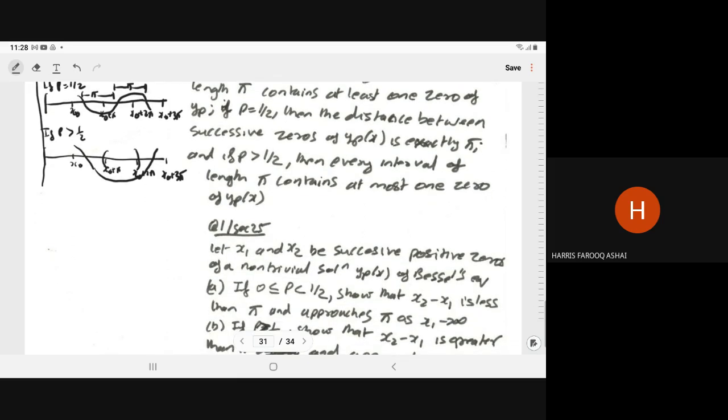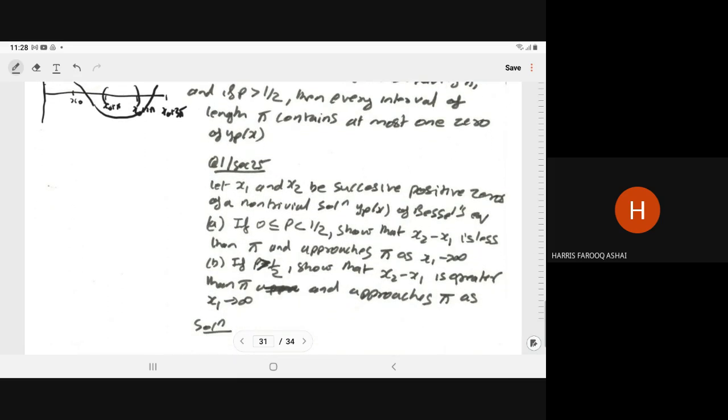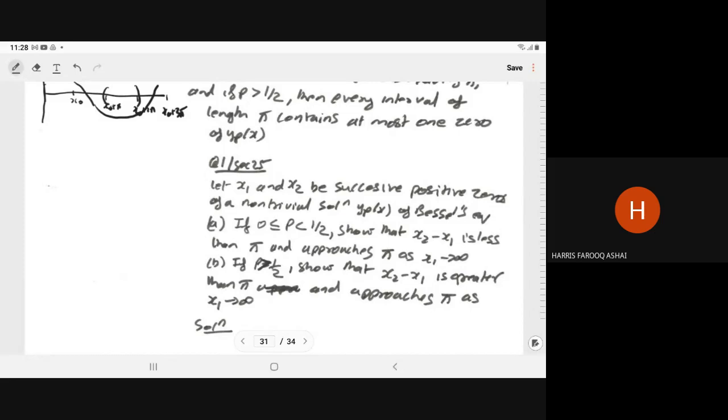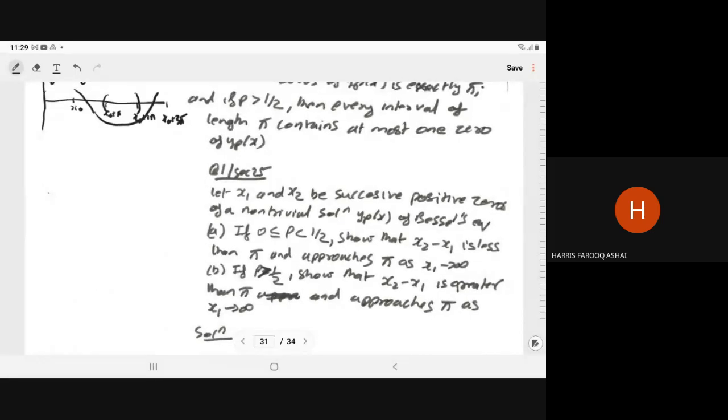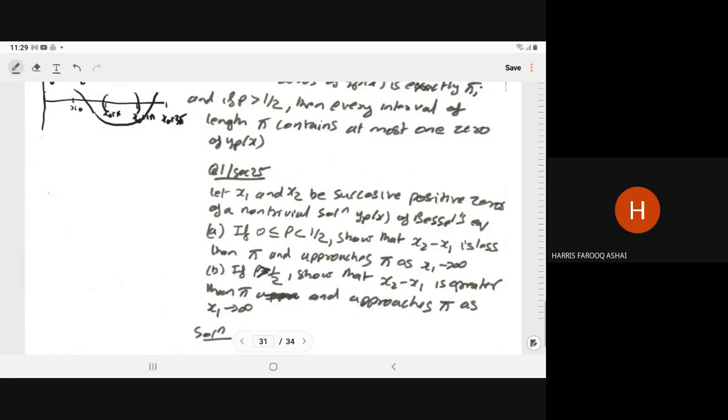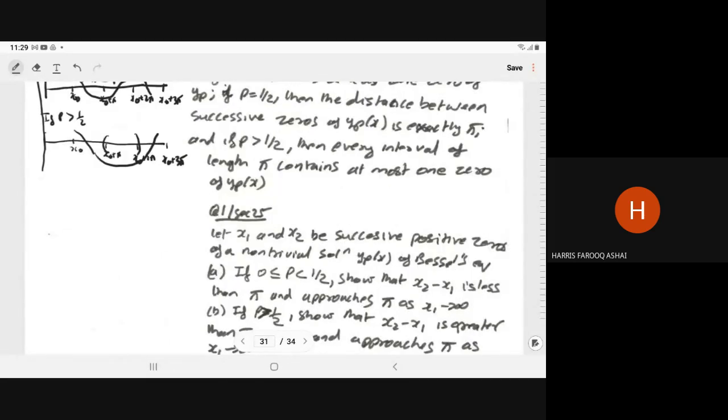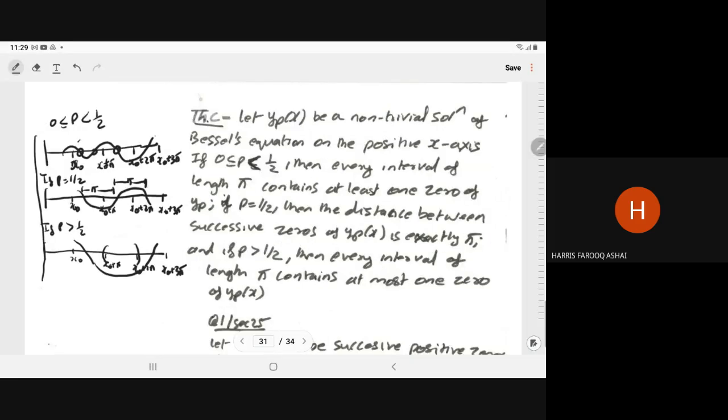Now, the last question based on this theorem. Question number 1 of your exercise, section 25. Let x1, x2 be successive positive zeros of a non-trivial solution yp of Bessel's equation. Means these are the successive zeros x1, x2.